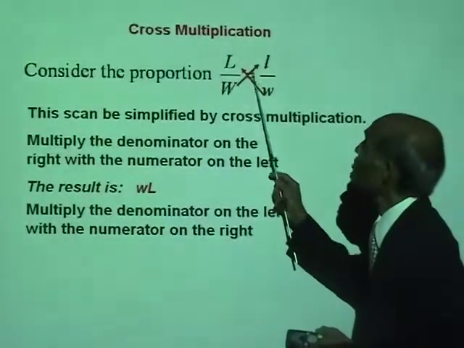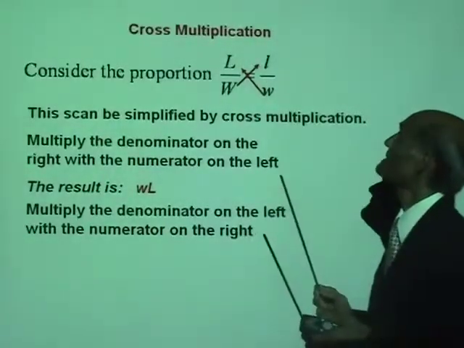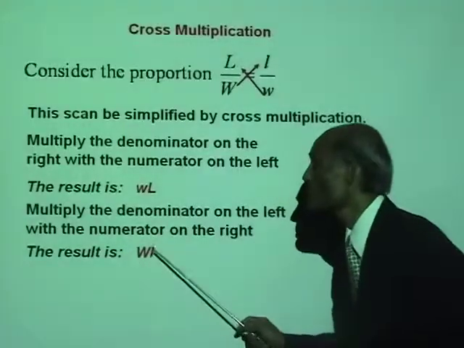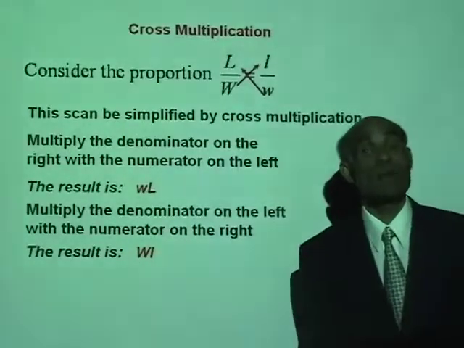Multiply uppercase W by lowercase l. And what does that give you? Uppercase W times lowercase l.